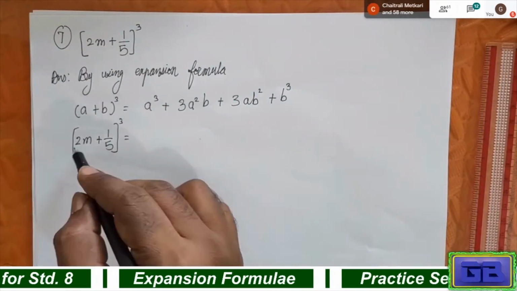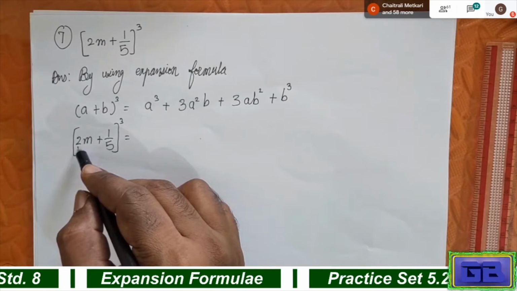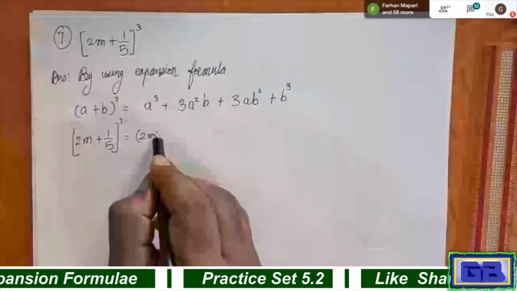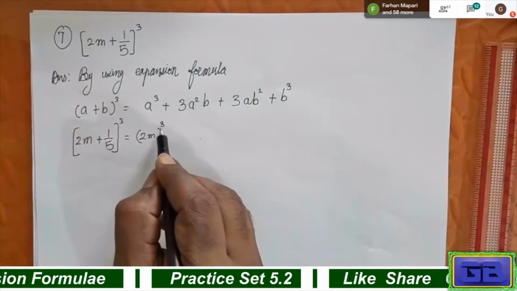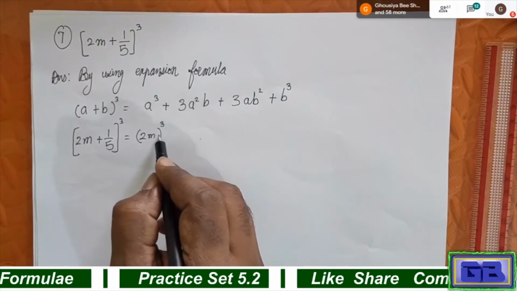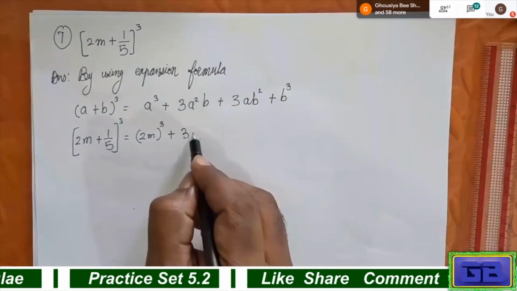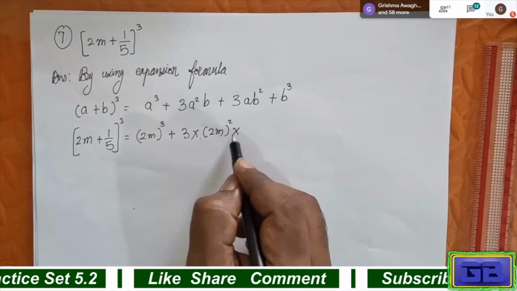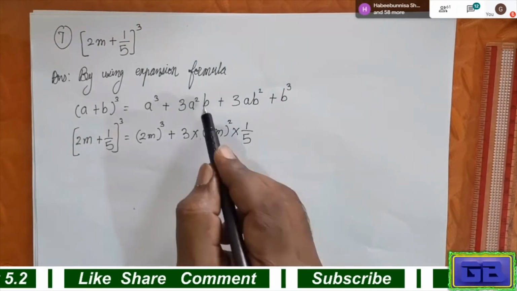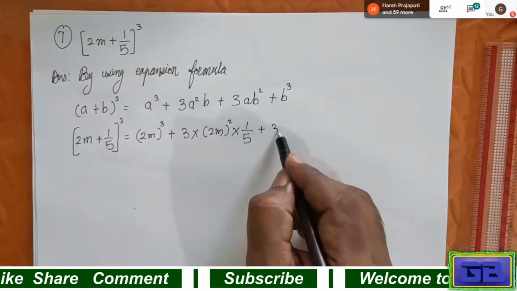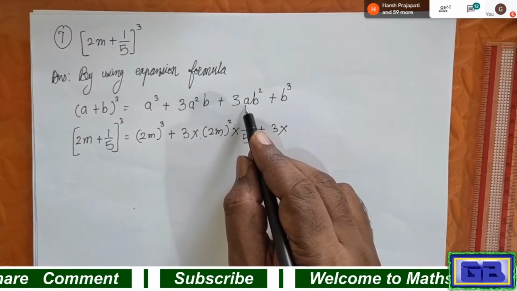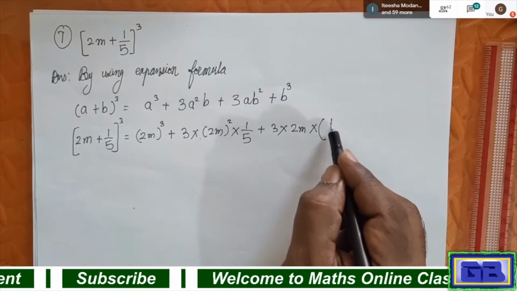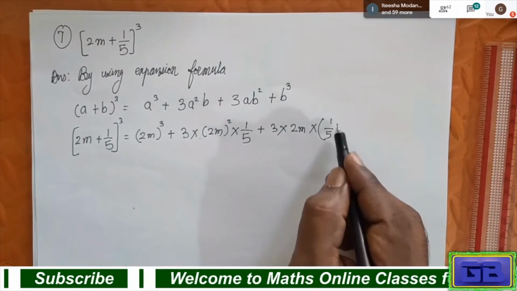A cube, it means we have to take cube of 2 as well as of m. We'll take 2m as it is in bracket and give cube to this bracket. Then 3 into, same, I will take 2m in bracket and take square, into 1 upon 5 which is the value of b. Plus 3 into value of a, which is 2m, multiplied by b square in bracket, which is (1 upon 5) square.